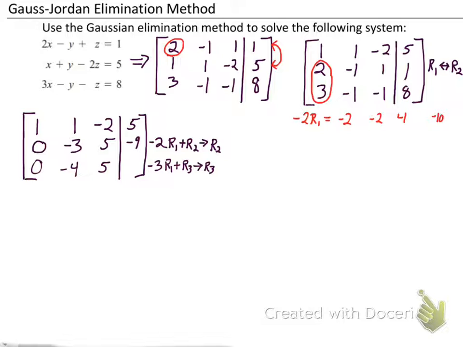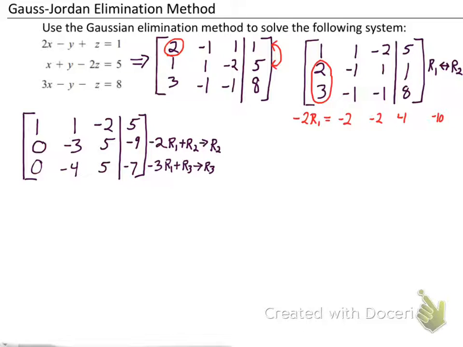All right, and finally I'd have that -3 times that 5, which is -15, plus that 8 is going to be -7. Did I make any mistakes yet? Are we sure? Okay. Column done.